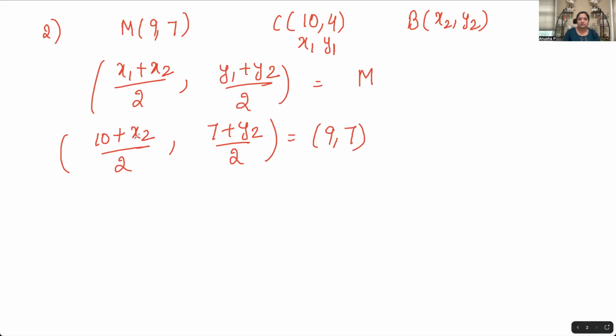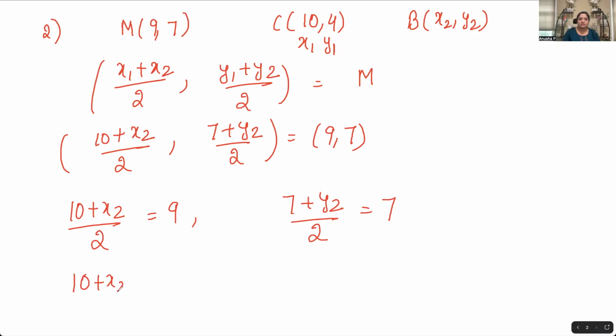Now in order to solve for x, 10 plus x2 over 2 is equal to 9, and 4 plus y2 over 2 equal to 7. Cross multiply. 10 plus x2 equal to 18. So x2 is equal to 18 minus 10, which is 8.